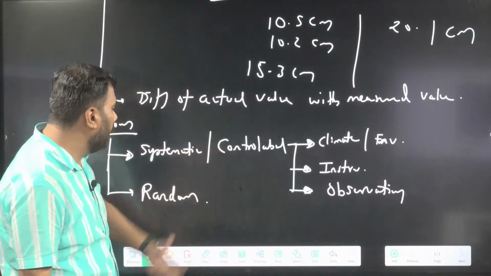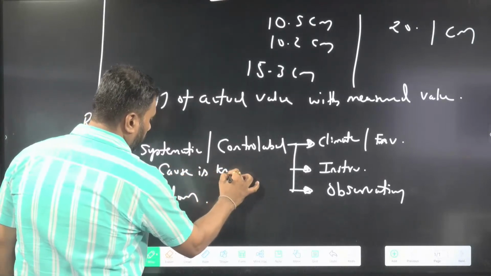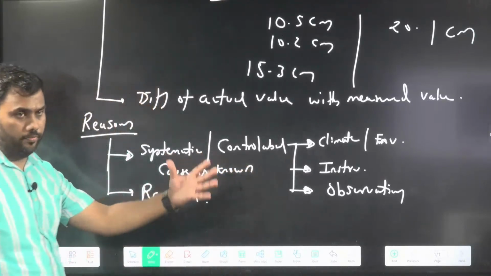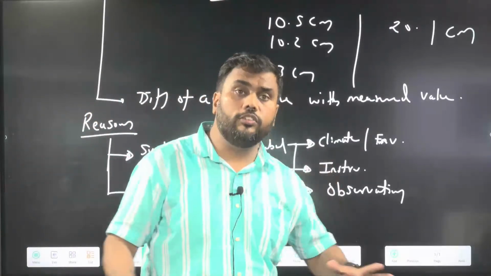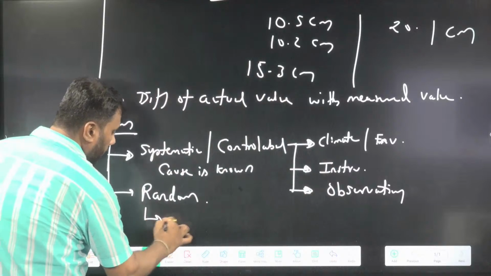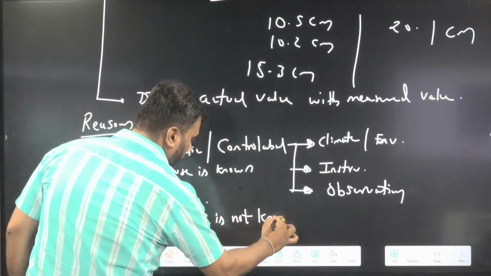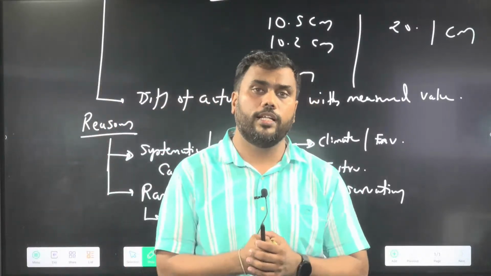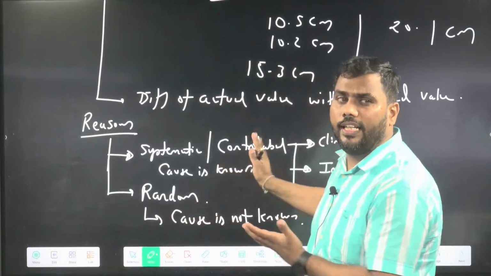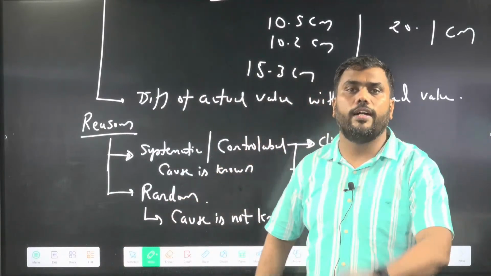So errors whose cause is known can be avoided. But there are some errors whose cause is not known to us. If the cause is not known to us, then how can we avoid them? They can be happening due to any reason, we don't know. Hence, random error cannot be avoided.